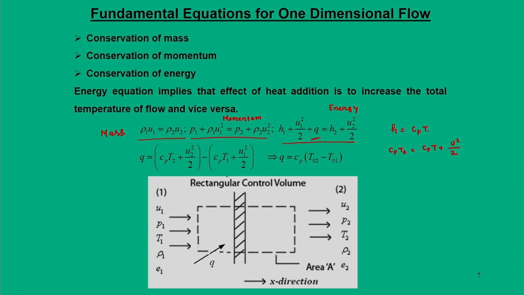So, from this energy equation we can derive the value of Q as Cp times bracket T naught 2 minus T naught 1. In other words, the heat addition is expressed as a function of total temperature.